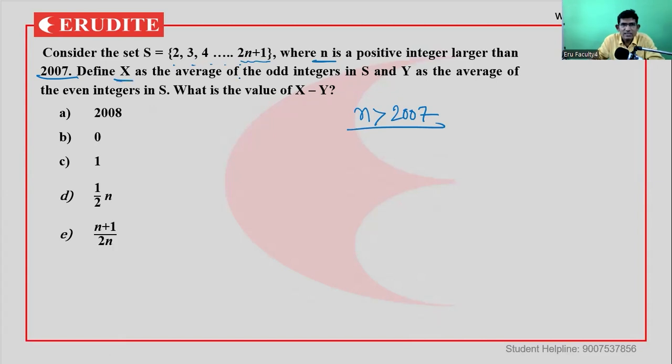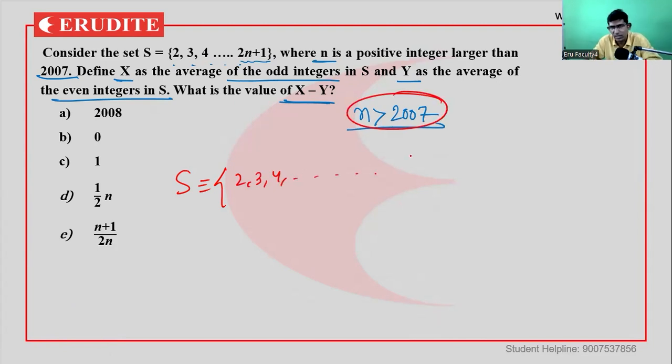Define x as the average of the odd integers and y as the average of the even integers. So what's the value of x minus y? Now the sequence goes from 2, 3, 4 up to a big number where n is more than 2007. Mind you, if I take n equal to 2007 or 2008, it is going to become a very long, clumsy, lengthy calculation.